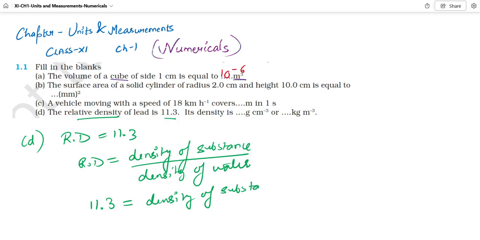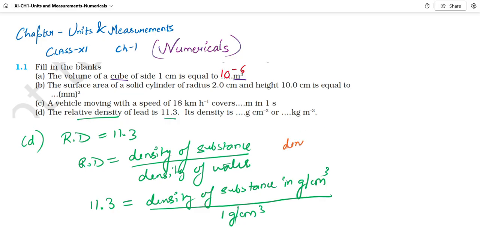First of all, let us find it in gram per centimeter cube. I need to choose a unit now for density. So in gram per centimeter cube upon density of water is how much? If you can recall, that is 1 gram per centimeter cube. So this 1 goes in multiplication. So what's our answer?